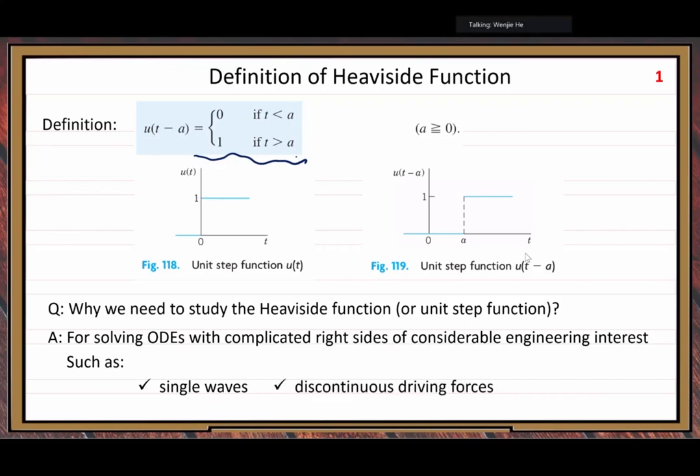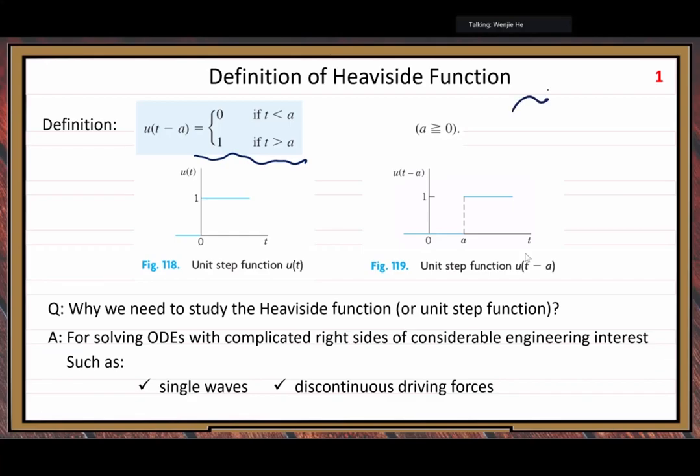Another is discontinuous driving forces. For example, in a mass-spring system, the driving force on the right-hand side is discontinuous. How do you join multiple discontinuous parts?